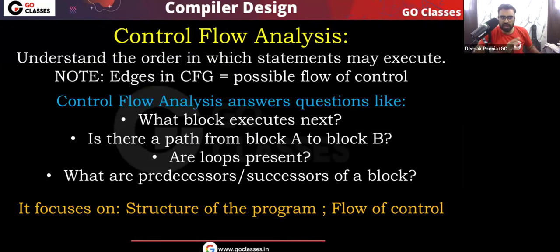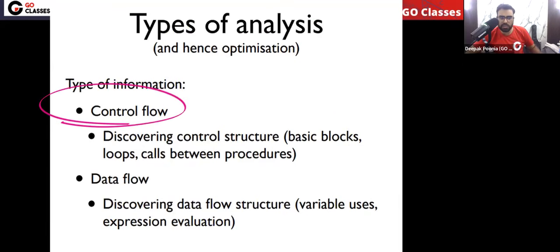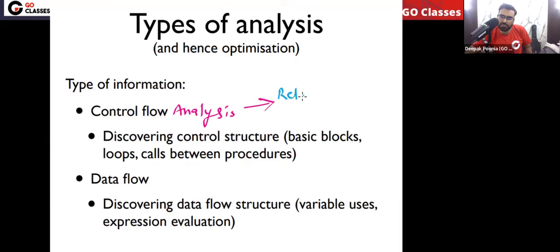So overall, any analysis that is related to the edges of the control flow graph is your control flow analysis. So remember, this control flow analysis is basically related to edges in the control flow graph.